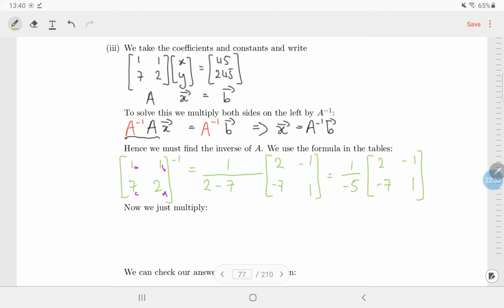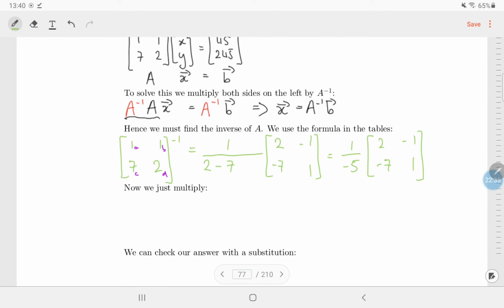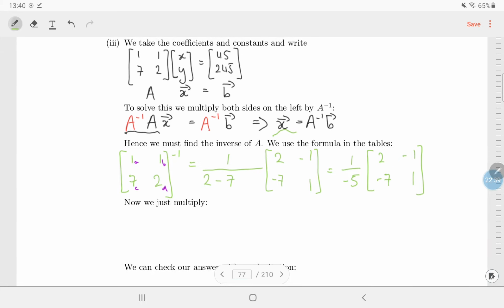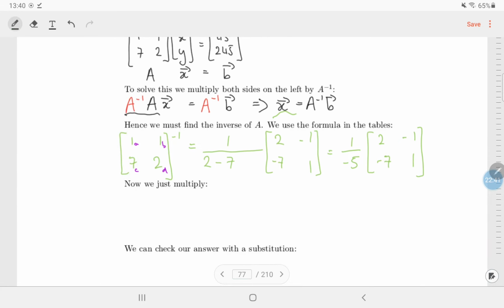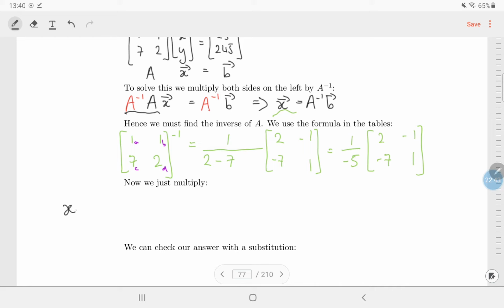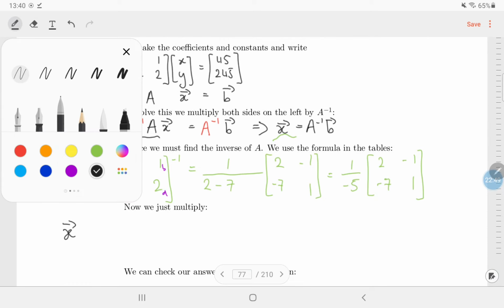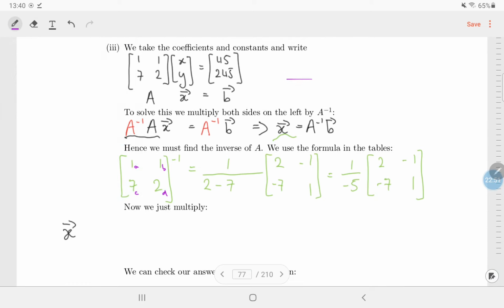Okay, so now all we have to do to find x is multiply A inverse times b, and b is above. The unknowns x and y, probably better off, I should have used v for the vector, so let's write that up here.